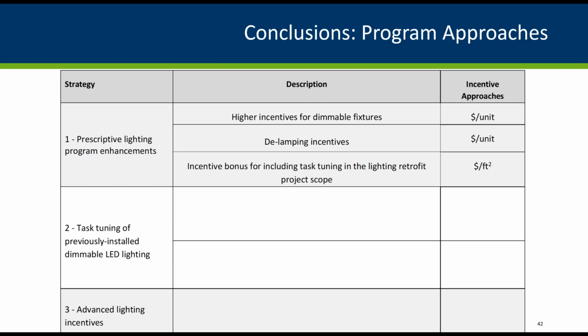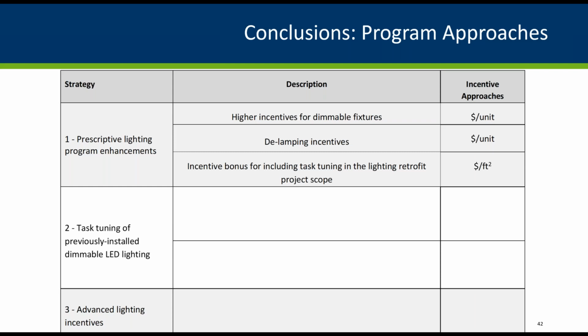It is already common practice to offer a higher incentive for dimmable LED fixtures as compared with LED tubular products. Incentives for reducing the number of installed light fixtures or tubes, a potential delamping strategy, is a way to reduce light levels with non-dimmable fixtures. Several Minnesota program interviewees did mention support for delamping through their existing commercial lighting programs.